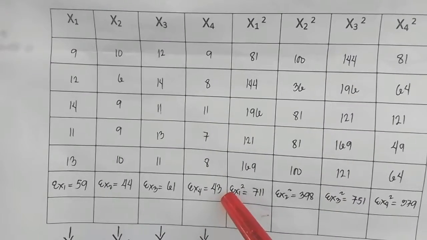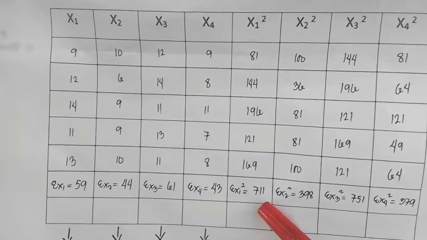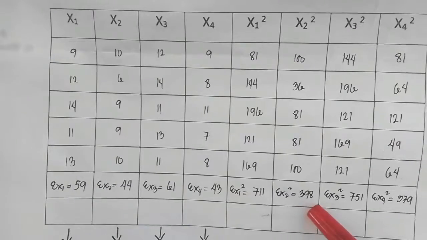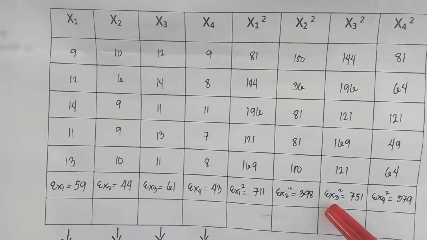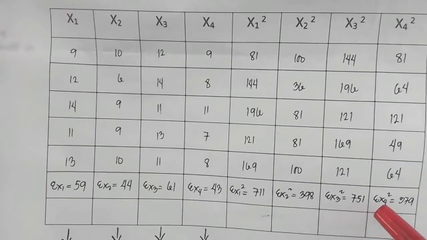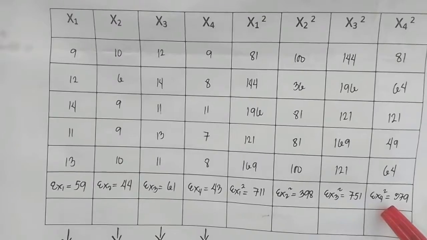Summation x sub 1 squared equals 711, summation x sub 2 squared equals 398, summation x sub 3 squared equals 751, and summation x sub 4 squared equals 379.